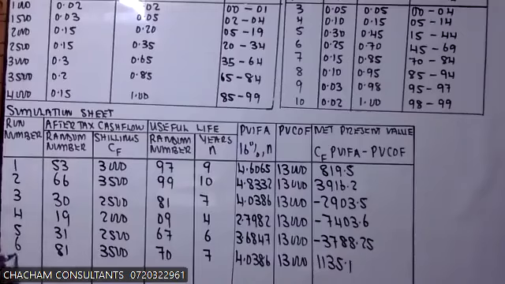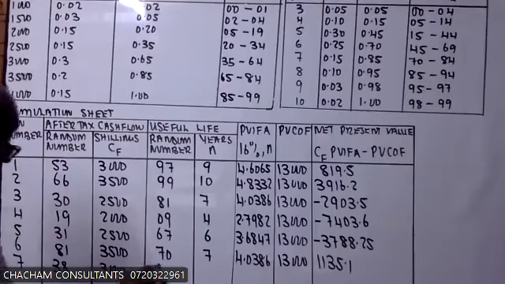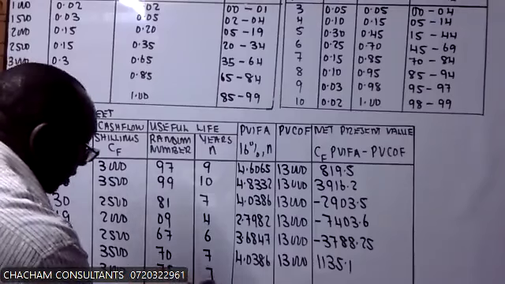So we go to number 7. Number 7, the random number is 38. So 38 is here, for 3,000. The next is 75. So 75 is found here for number 7.